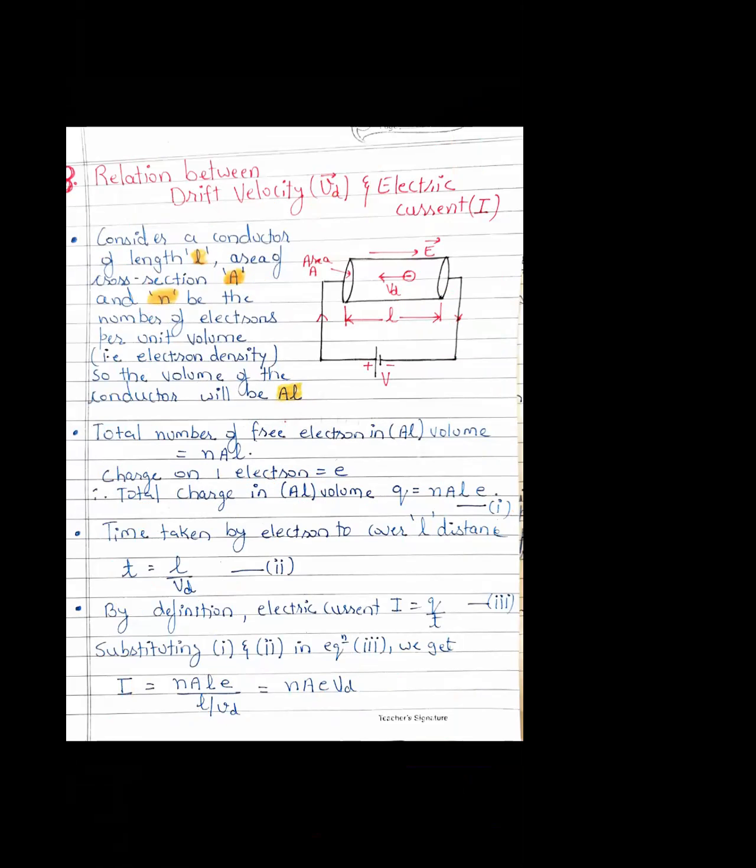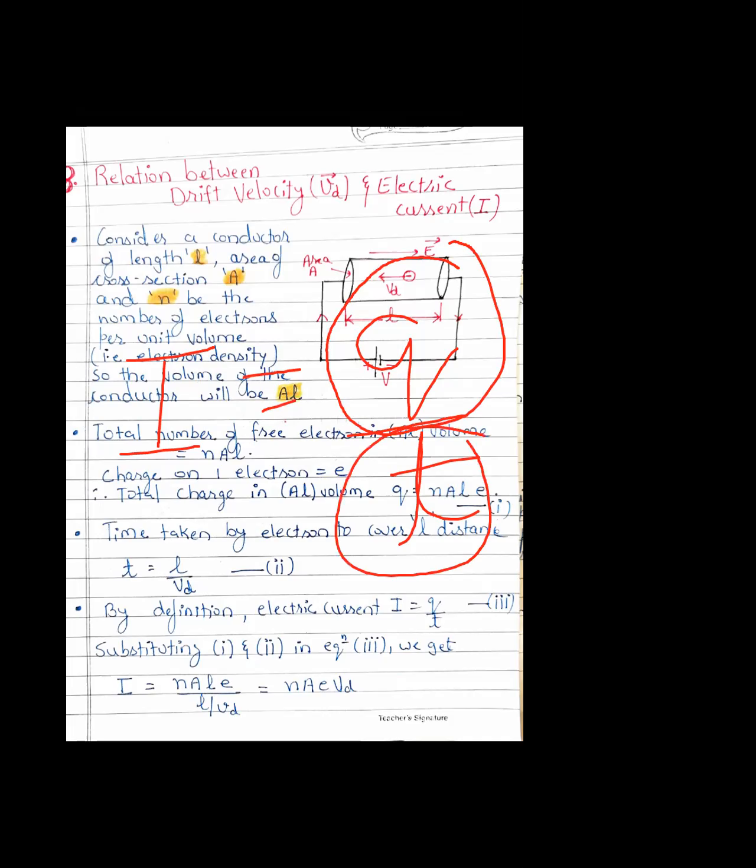For current, we know I equals to Q by T. For finding I, we need to know the amount of charge in the given conductor, and secondly, we need to know the time taken by the charge to move through the distance.